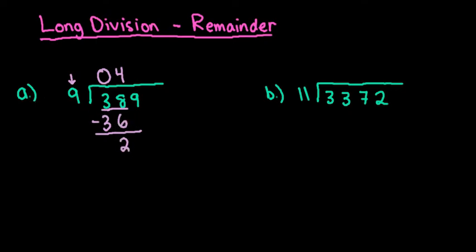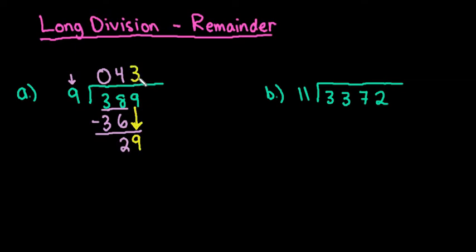then that means that I didn't pick a big enough number for here. All right, so for the next one, I know 9 can't go into 2, but I have another value right here where I can bring it down. And I can see how many times 9 goes into 29. So 9 goes into 29 3 times.